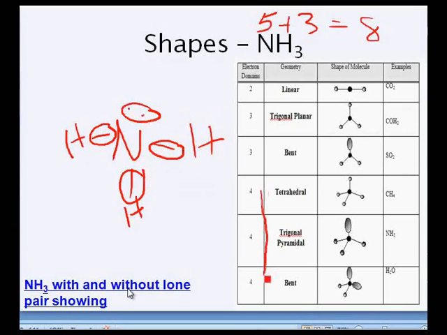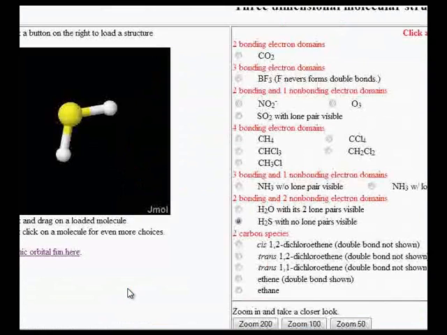So again, I have the same 3 choices, right? And in this case, I have 3 atoms, 1, 2, 3, and this unshared pair like I have up here. So this shape is trigonal pyramidal. So let's take a look at what that shape looks like.